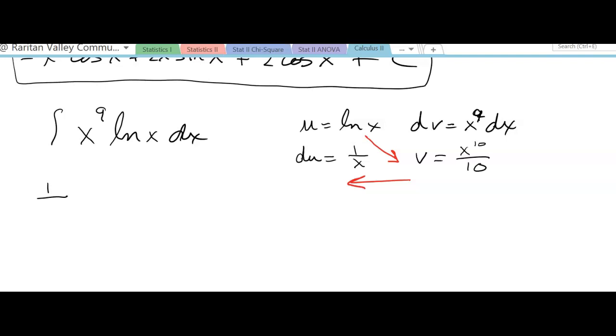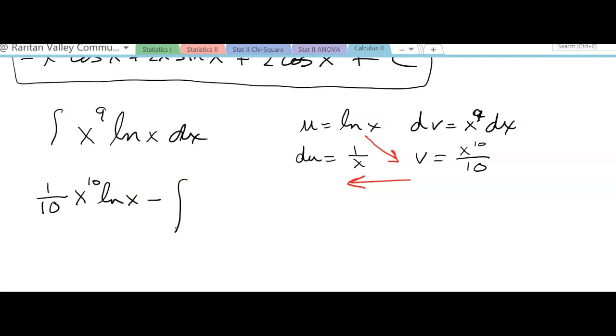So we have, what do we have? We have 1/10 x to the 10 times ln x minus our integral.